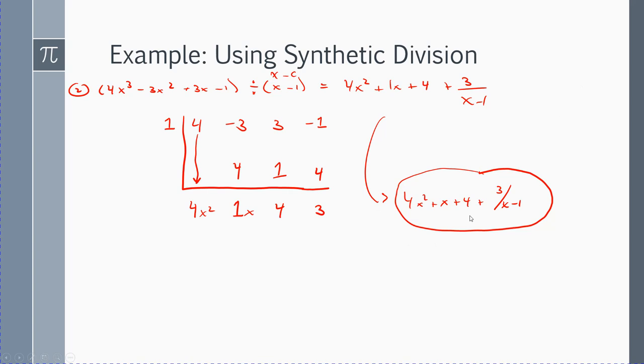All right, let's do a much longer one now. Let's look at x to the 7th plus x to the 5th minus 10x cubed plus 12, all divided by x plus 2. Notice how I start with the 7th, but I'm missing a 6, a 4, a squared, and an x.